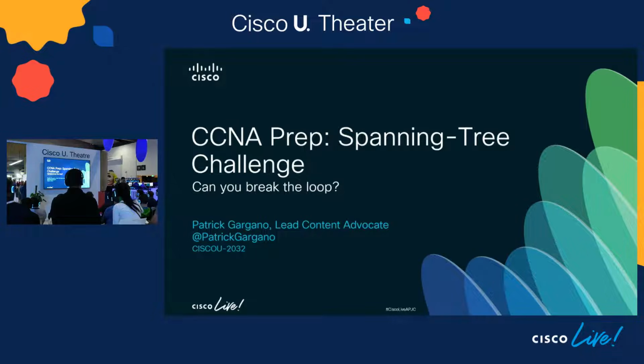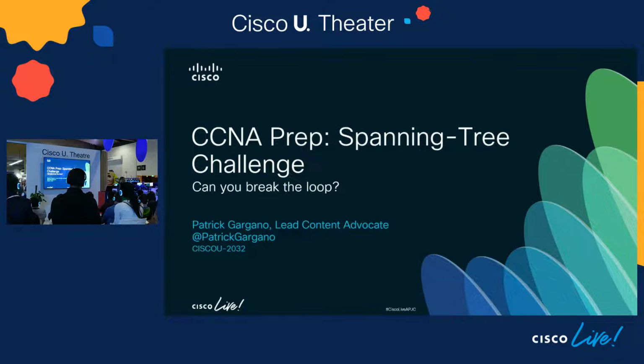For the past couple of months, Hank Preston and I have been doing these CCNA prep sessions on the Cisco Learning Network, live streams. We've done trunking and VLANs and EtherChannel and routing, static routing, dynamic routing, and we did one on spanning tree. It was quite short, about an hour long. I thought it'd be nice to build on that one and go through an actual spanning tree scenario.